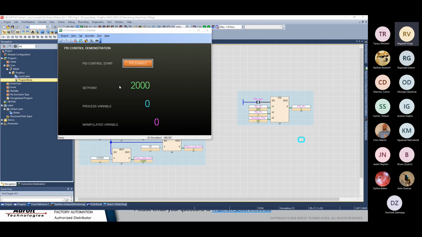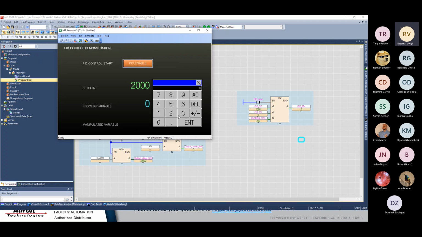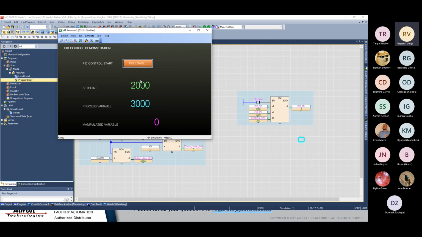That means the tank level, like let's say 2000 liters or 2000 kPa for system pressure and so on, which will be scaled in the PLC to an analog signal in the field. So we don't have to worry about that. And then this will be what we actually see in the plant. Let's say unscaled with 3000. Okay. As we can see, the PID is not reacting at all because the PID is still off. So let's enable the PID.